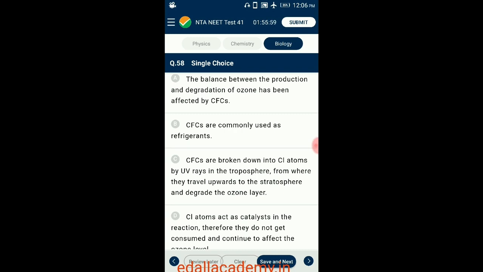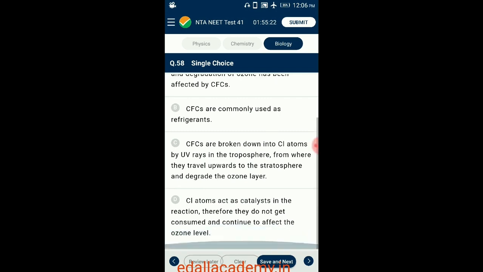Chlorofluorocarbons discharged in the lower part of the atmosphere move upwards and reach the stratosphere. In the stratosphere, UV rays act on them, releasing chlorine atoms. Chlorine degrades ozone, releasing molecular oxygen, with these atoms acting merely as a catalyst. Chlorine atoms are not consumed in this reaction. Hence, whatever chlorofluorocarbons are added to the stratosphere, they have permanent and continuing effects on ozone levels.